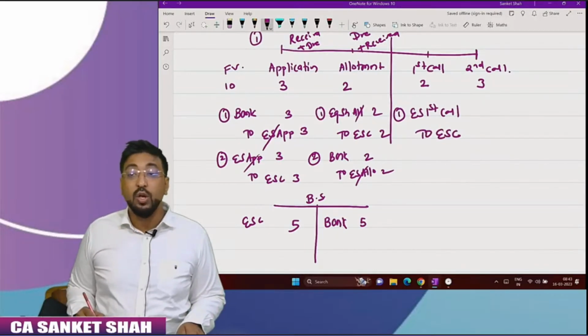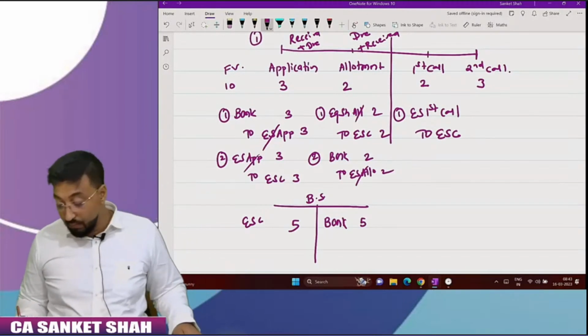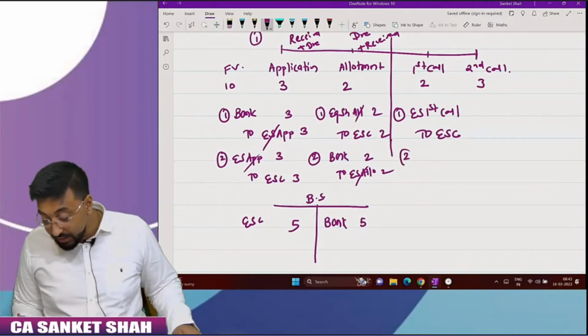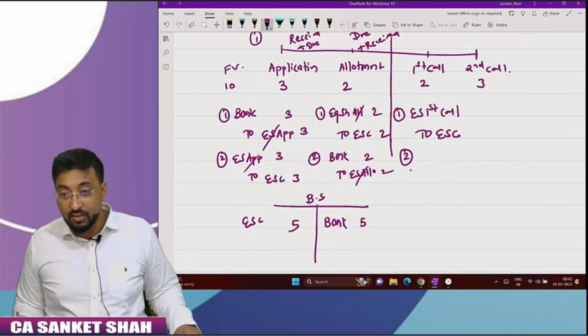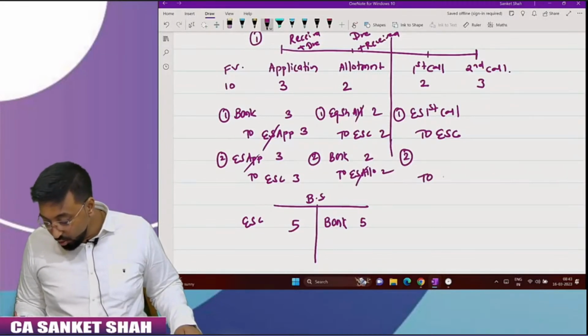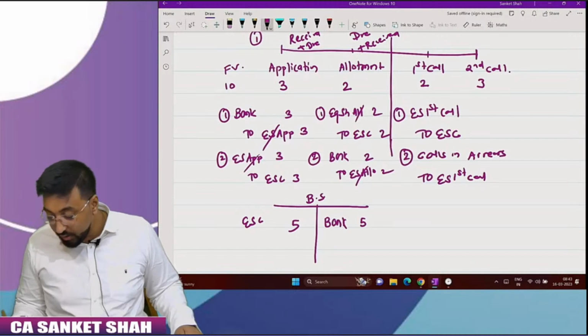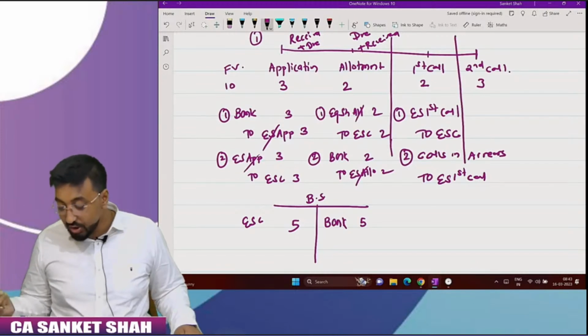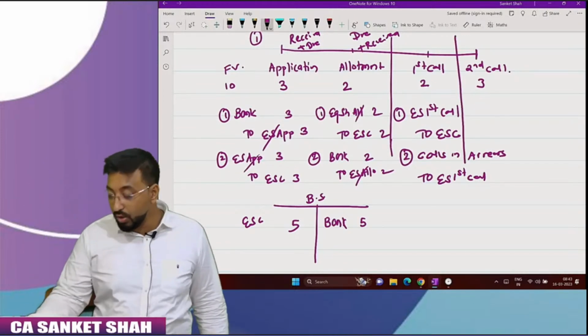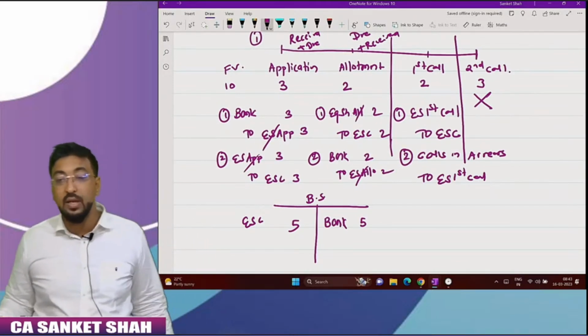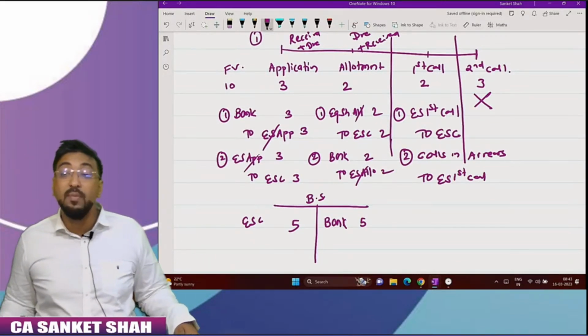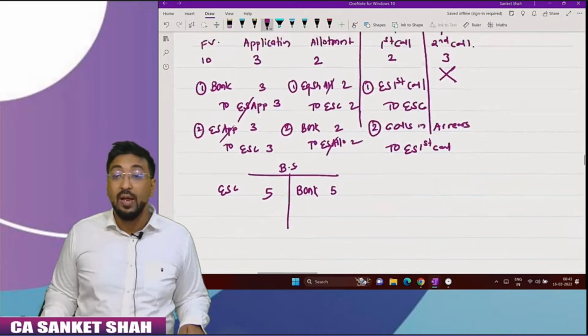But now the question is, you haven't received it. So to equity share first call we are going to cancel and we open calls in arrears account because we have not received it. So this is shares forfeited. We have called this last amount 3 rupees, but shareholder has not paid me rupees 2. Therefore I forfeited his shares.